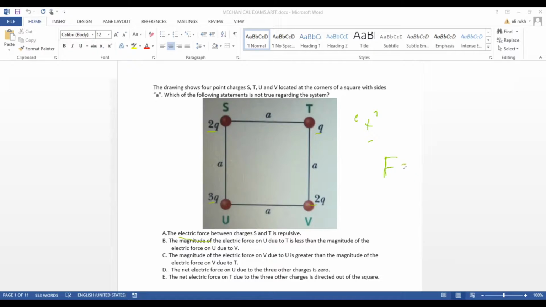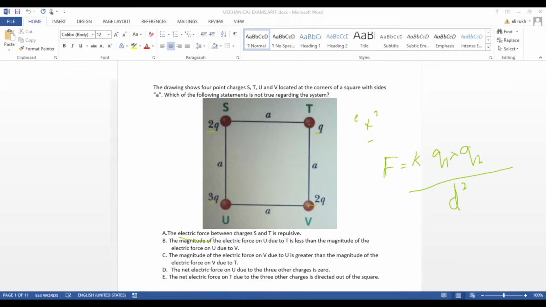Okay, so Coulomb's law basically says force is equal to a proportionality constant, a constant number that you have to remember, Q1 multiplied by Q2 divided by d squared, where d is the distance from the center of one charge to another. So in this kind of situation, you are dealing with two charges one at a time.